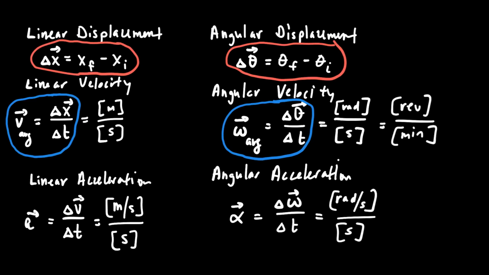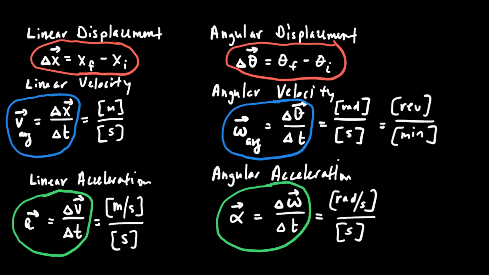And lastly, linear acceleration, a, is equal to change in velocity divided by change in time, which has units of meters per second squared. And angular acceleration, represented by the symbol alpha, is change in angular velocity, delta omega, divided by time, and it has units of radians per second squared.